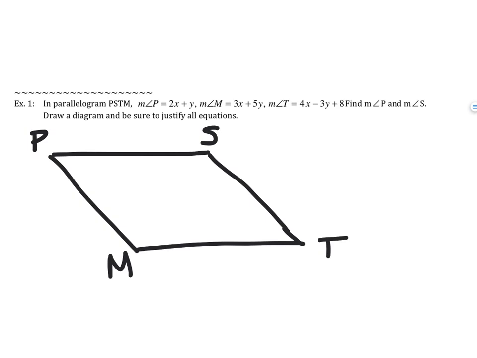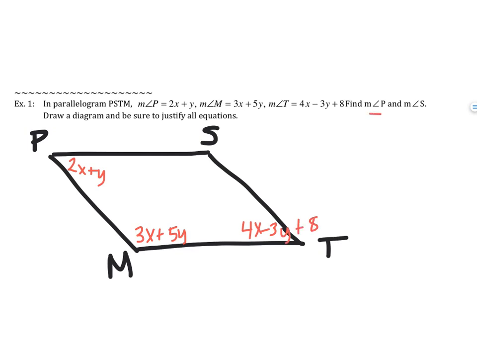Okay, so angle P is 2x plus y, and angle M is 3x plus 5y. Angle T is 4x minus 3y plus 8.